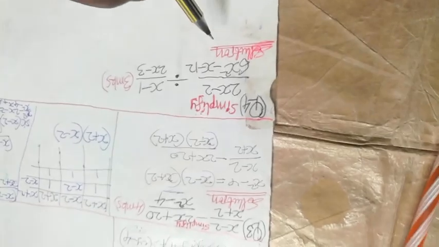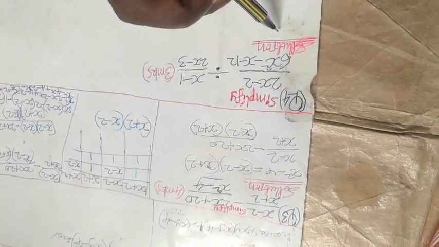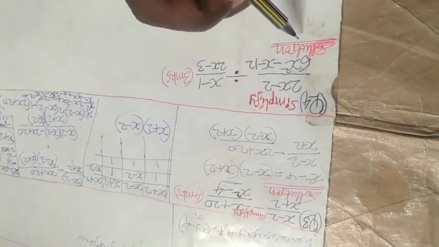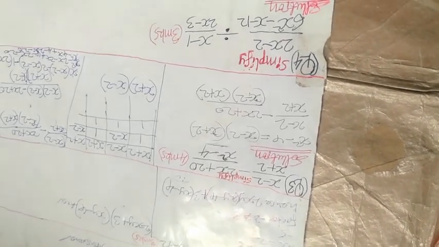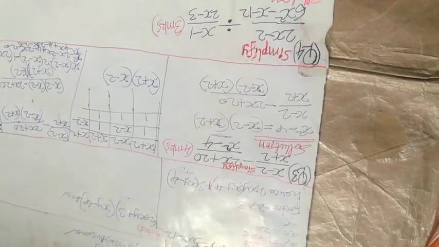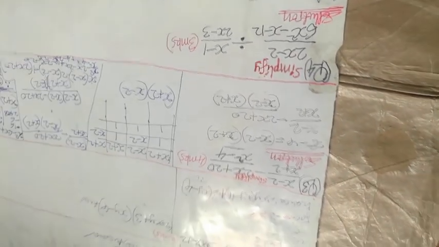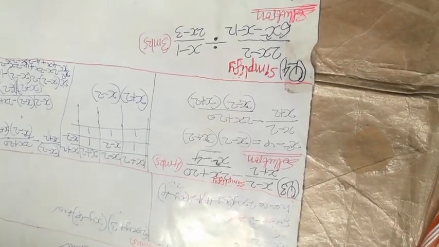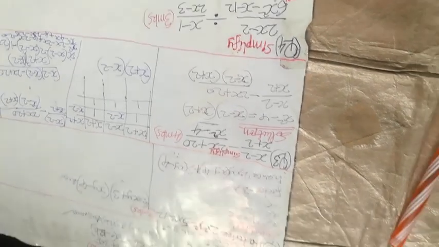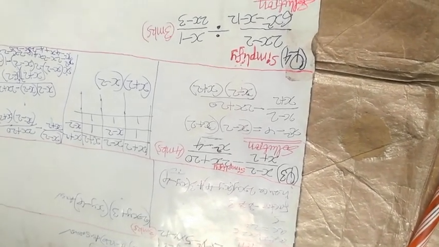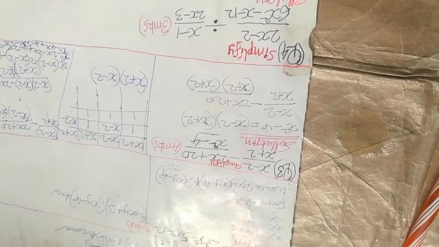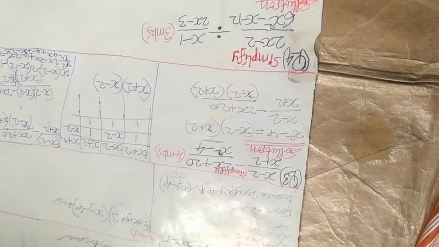Now the product is the term AC, which is negative 72, and the sum is negative 1. Hence the factors are positive 8 and negative 9.